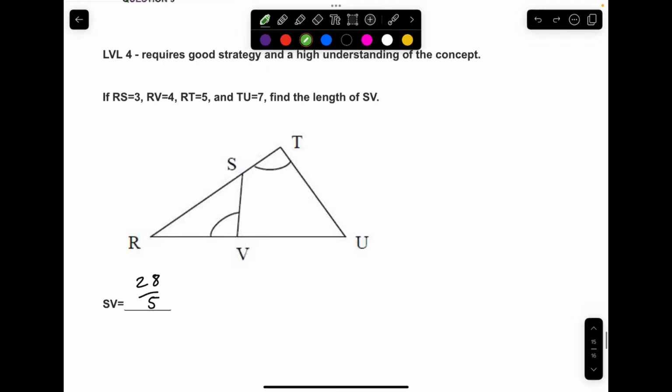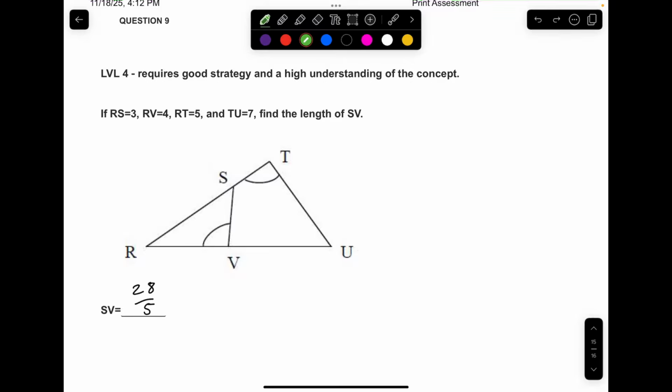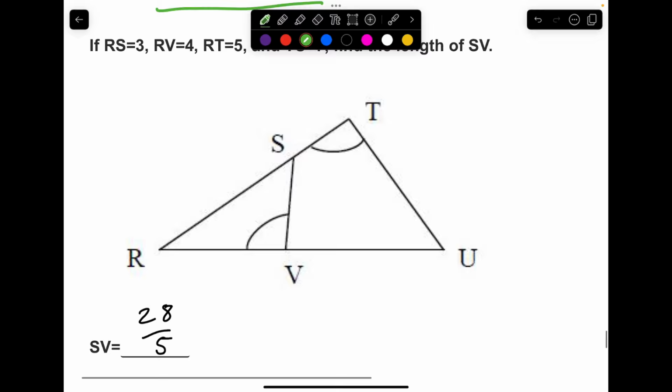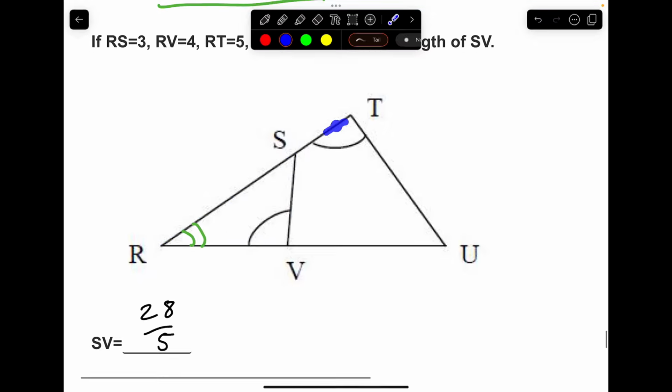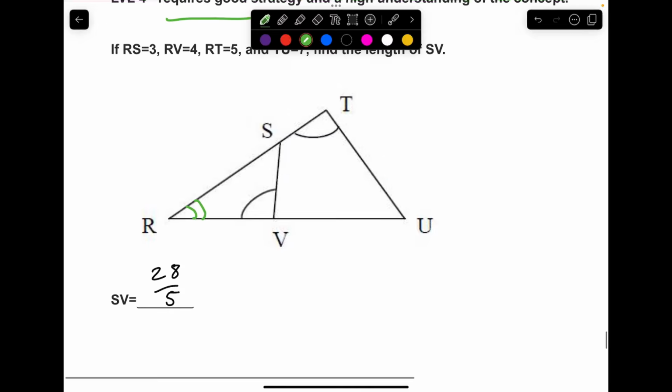Triangle redraws. I recommend you use the good strategy of redrawing the triangles. First order of business is realizing that both triangles use that corner. The small triangle uses corner R, the big triangle uses corner R. Second order of business is to redraw the triangles in a helpful way.